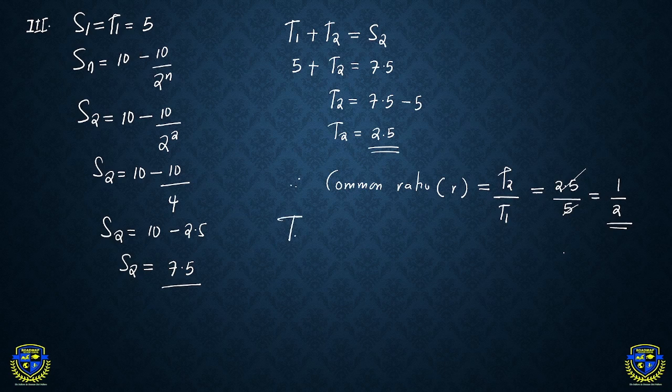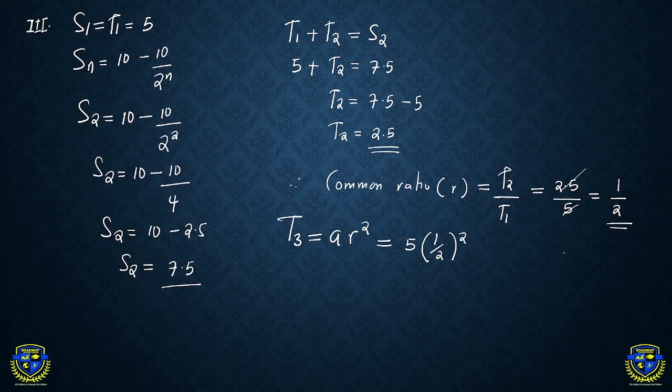So we say T3, remember, we are told there that it's going to be a r to the power 2. This 2 is found by subtracting 3 minus 1. So our first term being 5, and our common ratio being 1 over 2, that is to the power 2.